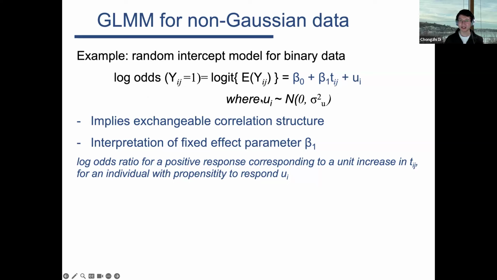You assume this UI comes from a Gaussian distribution with some variance. Similar to the continuous data case, with this random intercept, the within subject correlation structure becomes exchangeable, meaning if you look at the correlation at visit 1 versus visit 2, or visit 1 versus visit 3, or 2 versus 3, you're always going to get the same correlations.